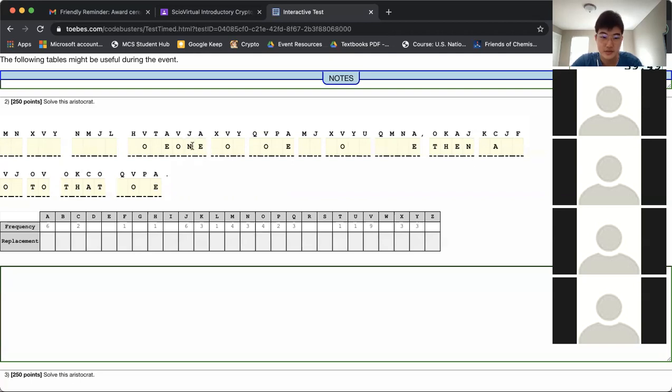And I confirmed that it was then by looking at this word, which you might be able to get now since we have a couple letters in there. Oh, okay. So you have then something onto.